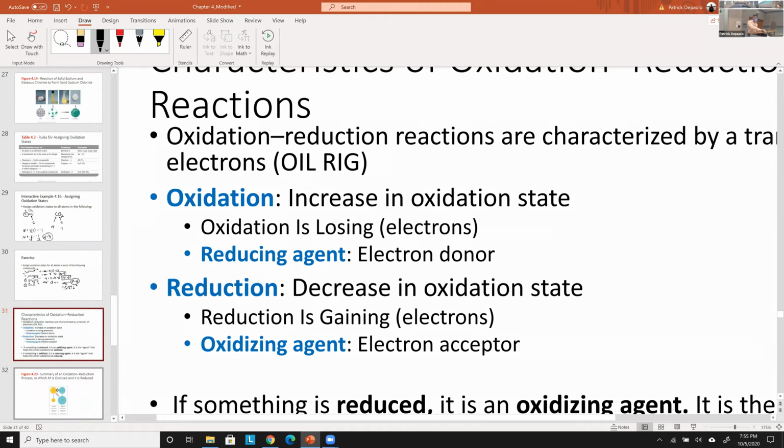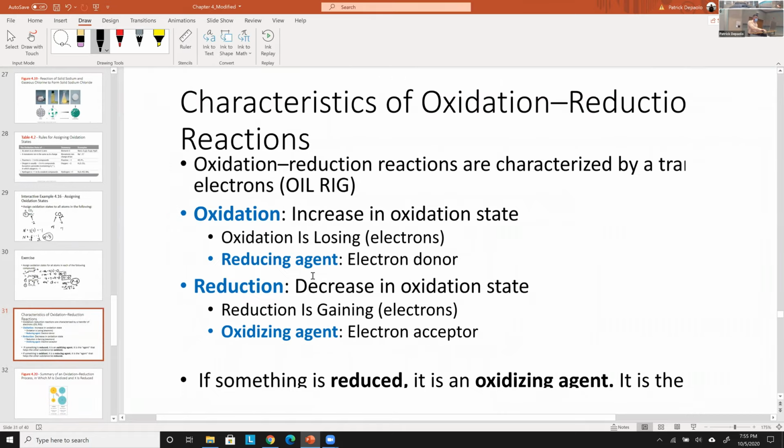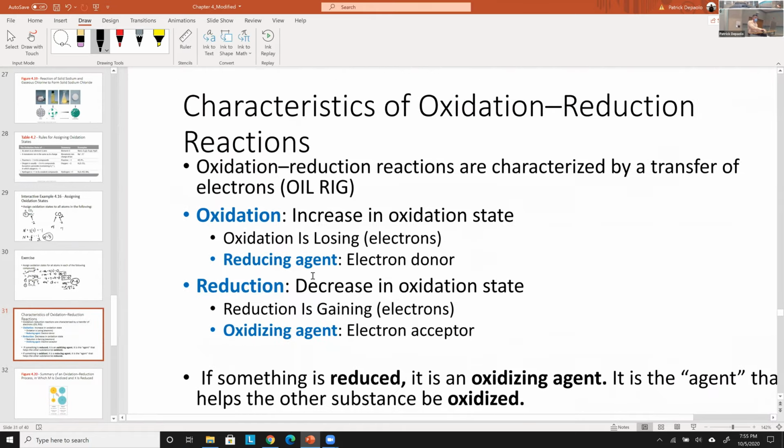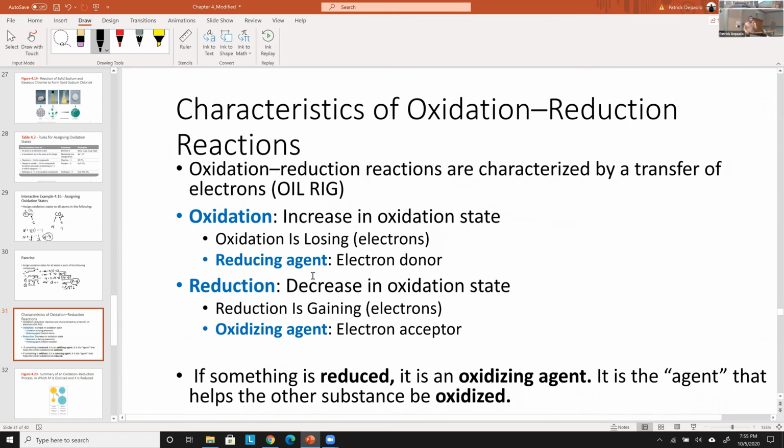Let's move on. Now, in a reaction, we didn't really talk about reactions yet, but you can figure out the oxidation state, just like we've been doing, of every compound in the reaction. And you can see if the oxidation state of, let's say, oxygen is changing from the left to the right side. This change tells you whether the oxidation state is going up or down. It tells you, is the element being oxidized or reduced?